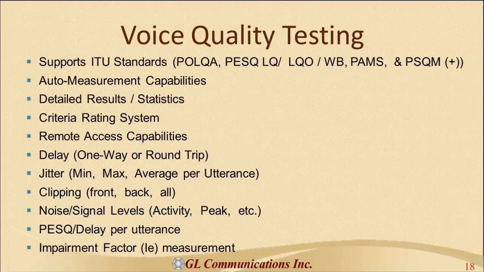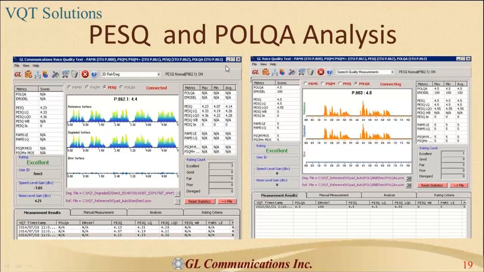So basically, using these PESQ and Polqa algorithms, you can perform voice quality testing. What it basically does is, once a call is established from side 1 to side 2, and the interface can be anything, it will compare the sent file with the recorded voice file, and based on that it will give you the PESQ scores.